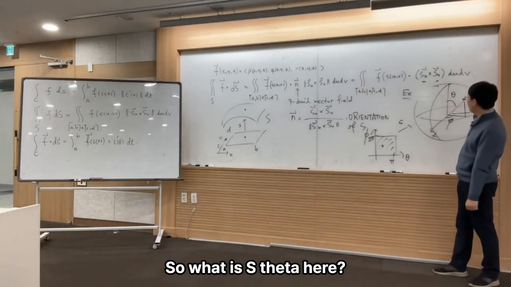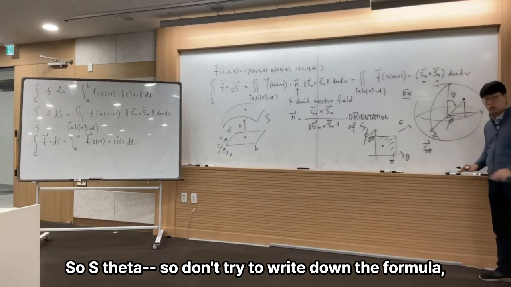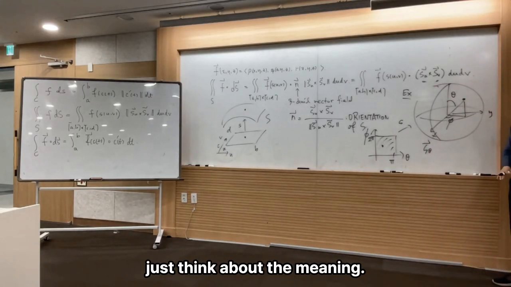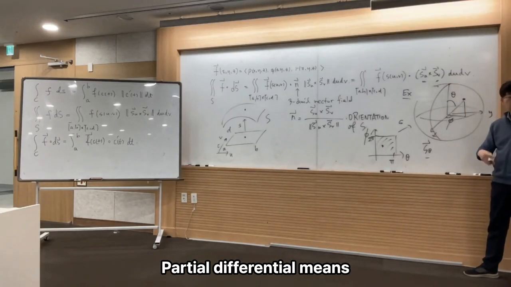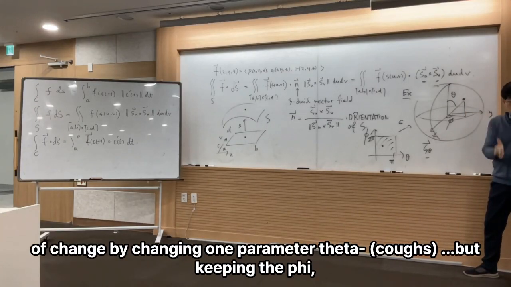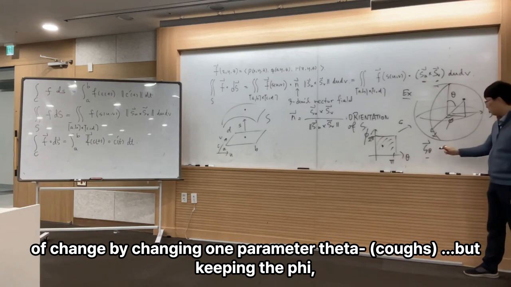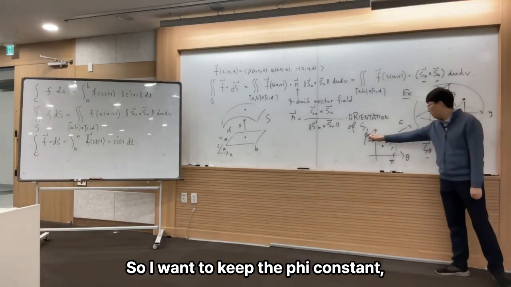So what is S theta here? Don't try to write down the formula, just think about the meaning. This is a partial derivative of S. Partial derivative means that I want to see the instantaneous rate of change by changing one parameter, theta, but keeping the other parameter, phi, constant. So I want to keep phi constant.